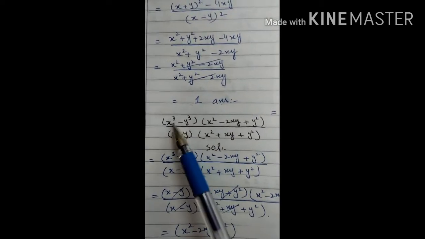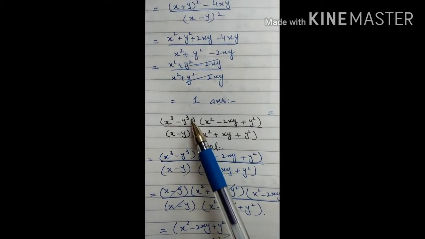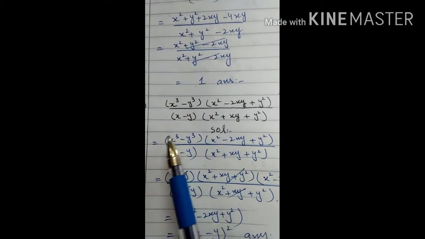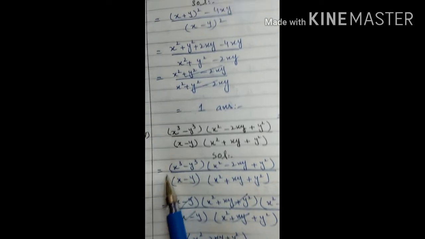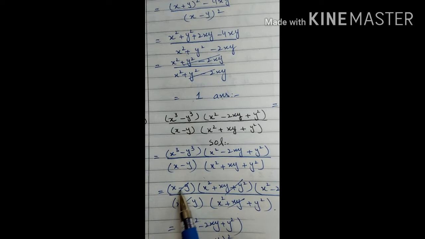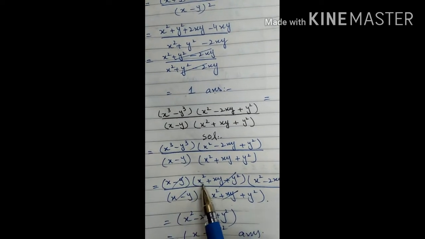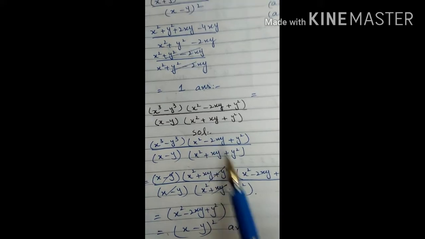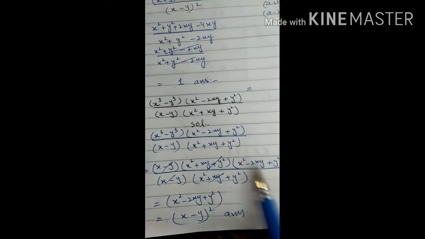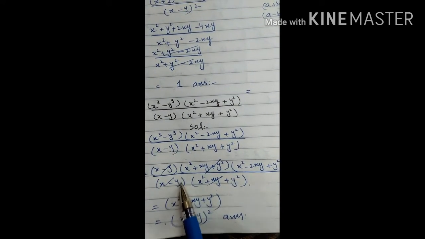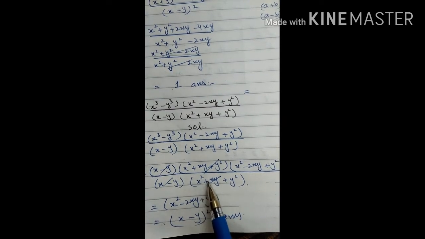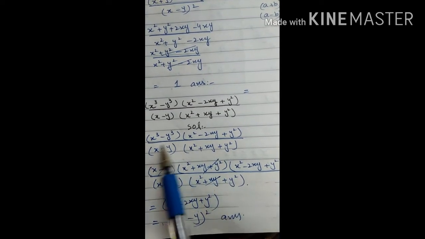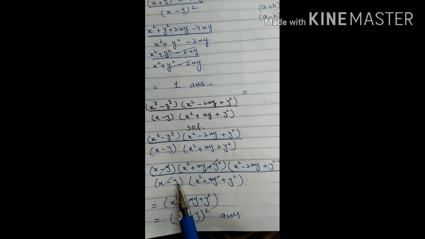Apply this formula on x cube minus y cube. Solution. We are going to apply the formula (x minus y)(x square plus xy plus y square). This value remains as it is. (x minus y)(x square plus xy plus y square). That means the denominator's value is the same.